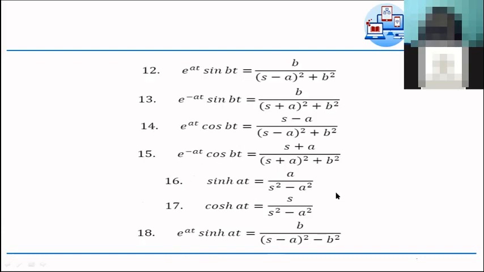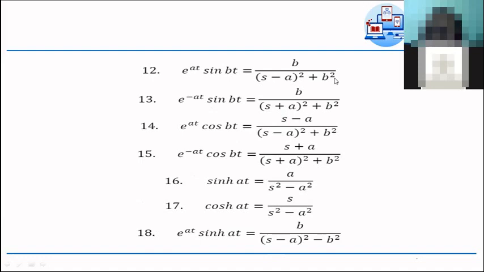Next, we have number 12, another formula. e raised to a multiplied by t sine b multiplied by t is equal to b all over the quantity s minus a raised to 2 plus b raised to 2.